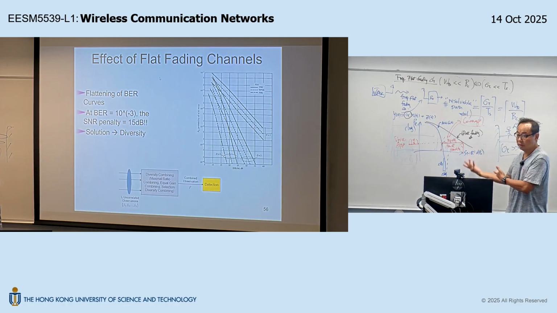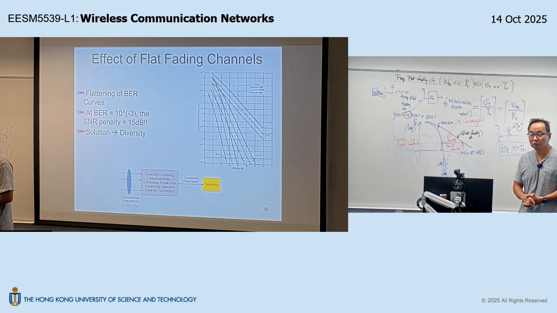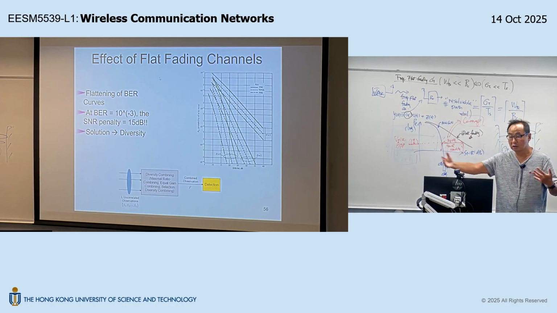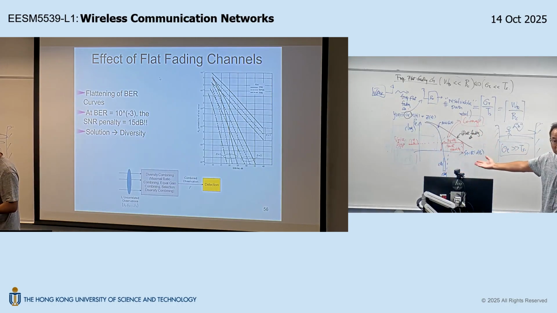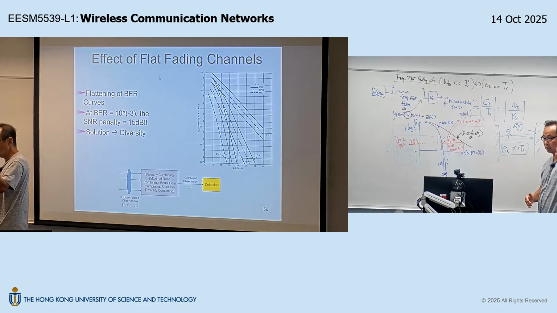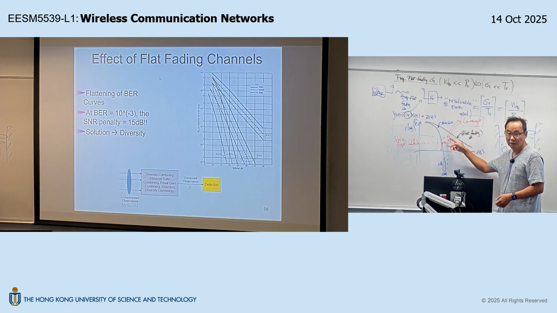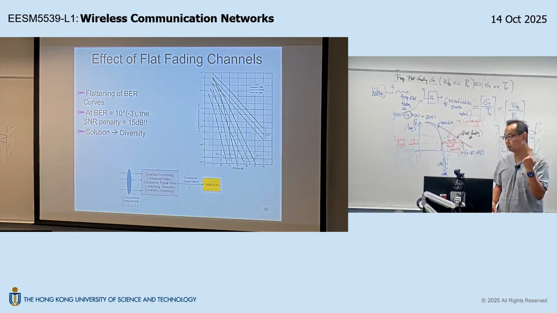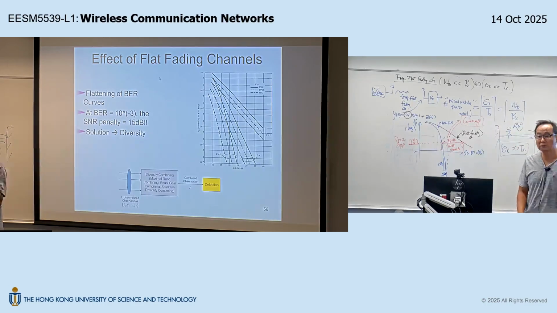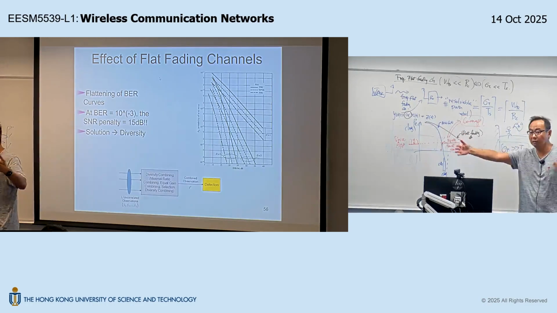If you work for an operator, and you know that this particular market has frequency flat fading effect between the base station and the mobile, then the impact would be, in this example, you need to take away 20 dB from your link budget. That means the coverage of the base station will shrink.